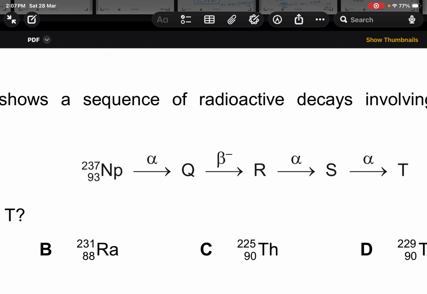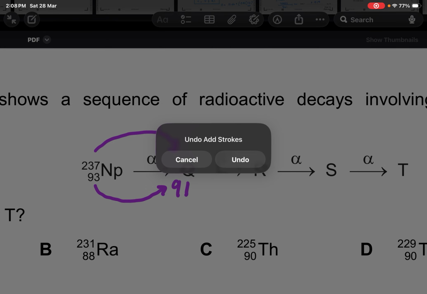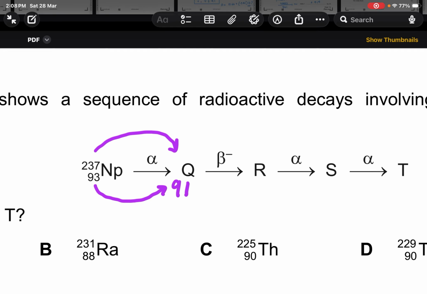Firstly, alpha decay में we have to decrease the proton number by 2, so it becomes 91, and decrease the nucleon number by 4, so 237 minus 4, 233. A beta negative decay में this remains 233, but this increases by 1, so it becomes 92.